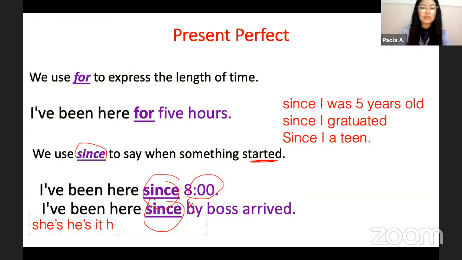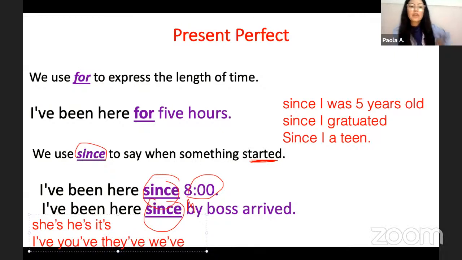It has, it apostrophe s. And for the other ones, I have, you have, they have, we have, no? So always apostrophes, guys, remember that.